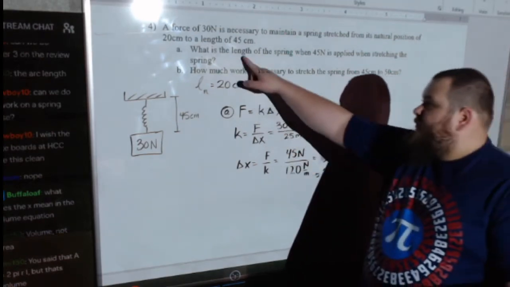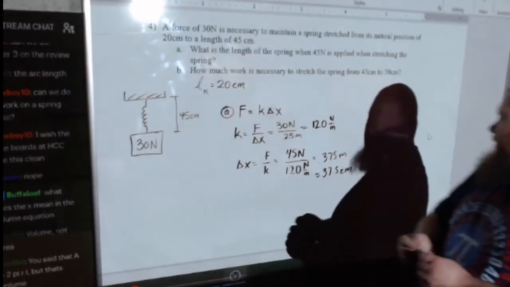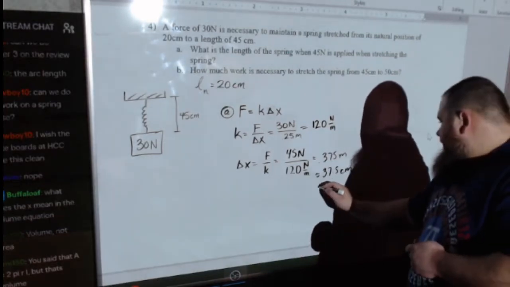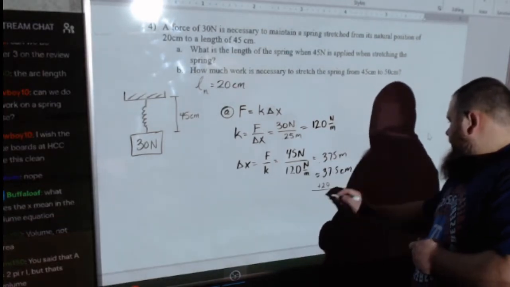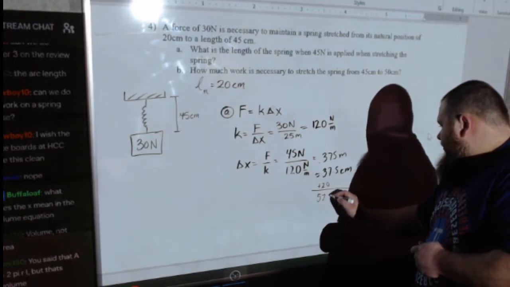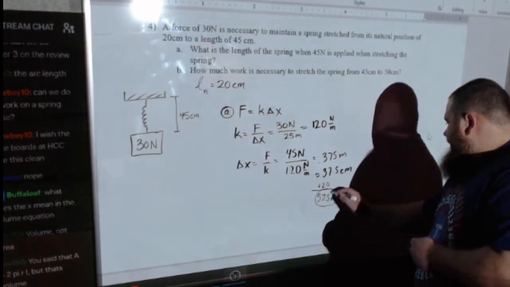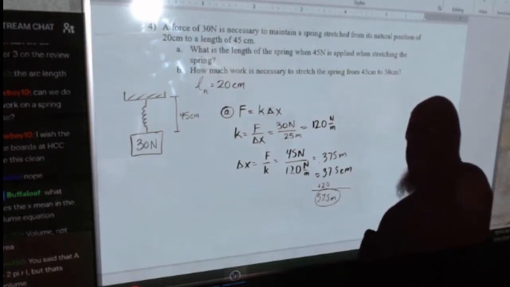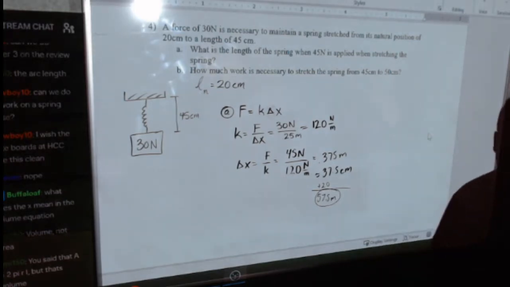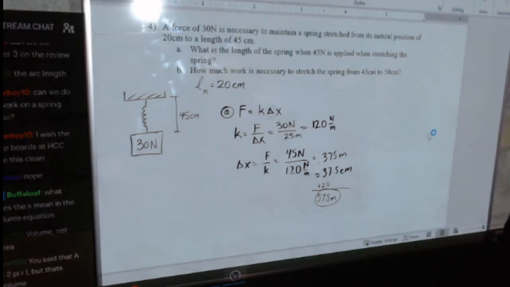If they want the actual length, you have to add 20 to it. So 57.5. So that's all of part A.